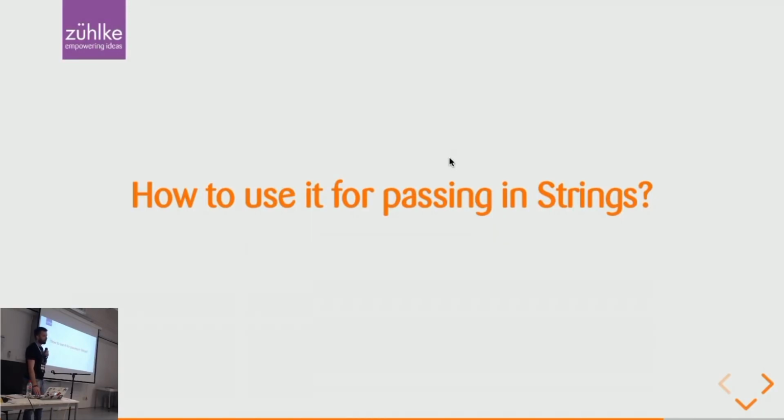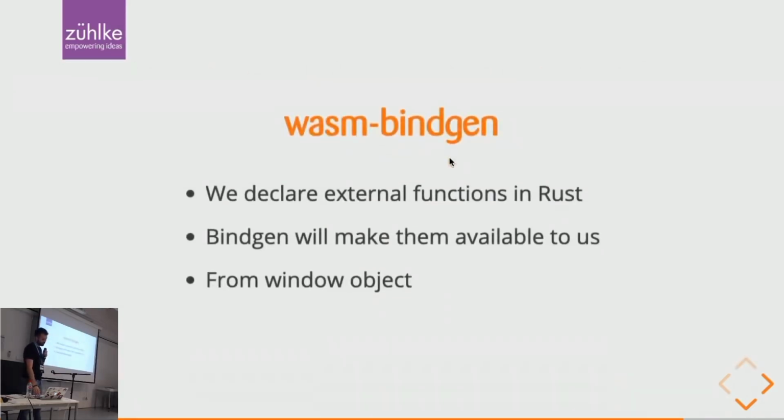Before we were able to call JavaScript functions out of Rust. Can we also call a JavaScript native function with a string? We haven't proven that yet. So this is a very small exercise.